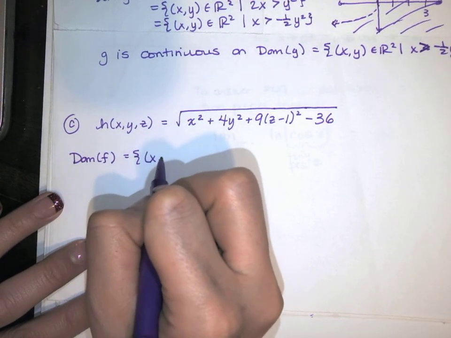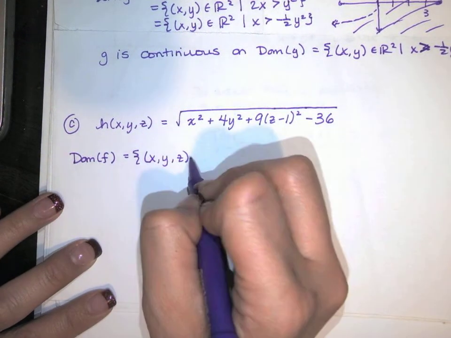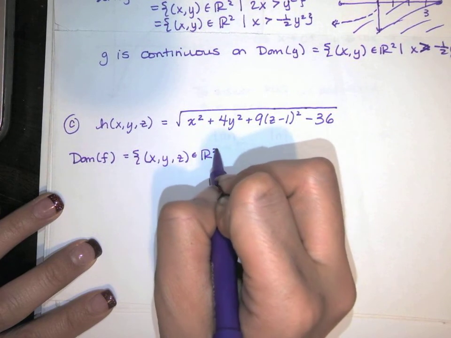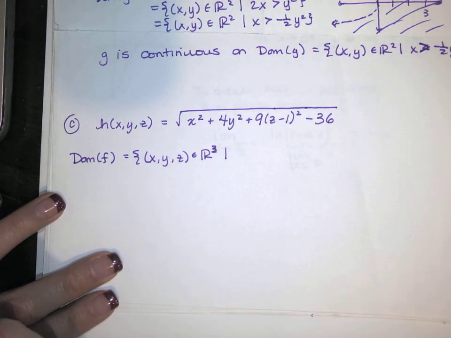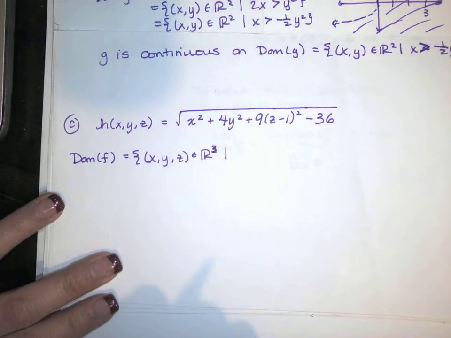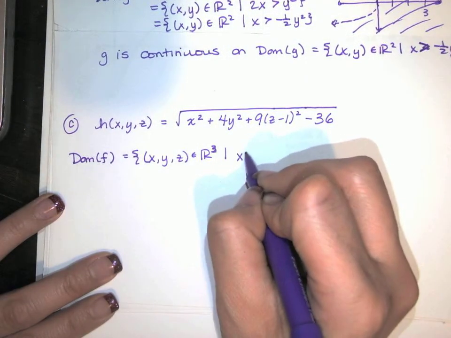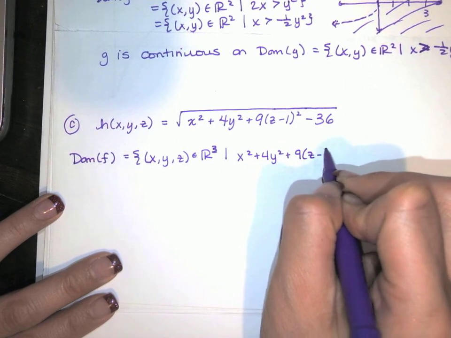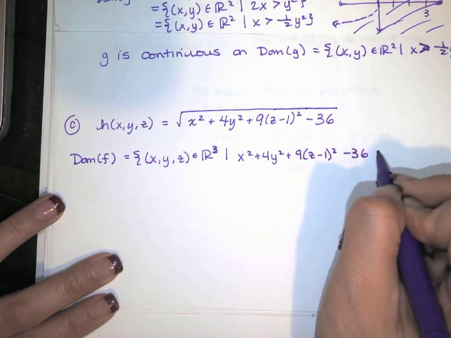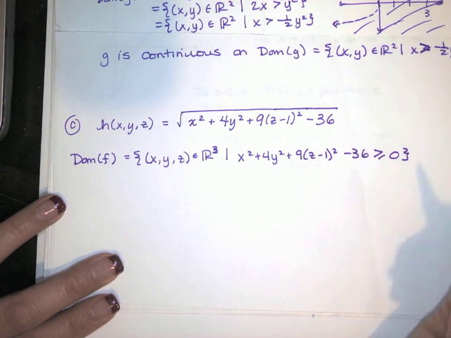So the domain is the set of all x, y, z in R3, such that this expression under the square root is positive, or possibly 0. It's okay if it's 0. So I need x squared plus 4y squared plus 9 times the quantity z minus 1 squared minus 36 to be greater than or equal to 0.